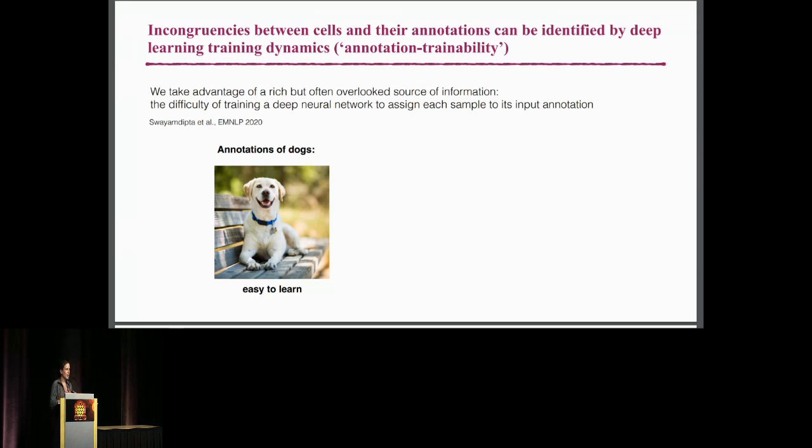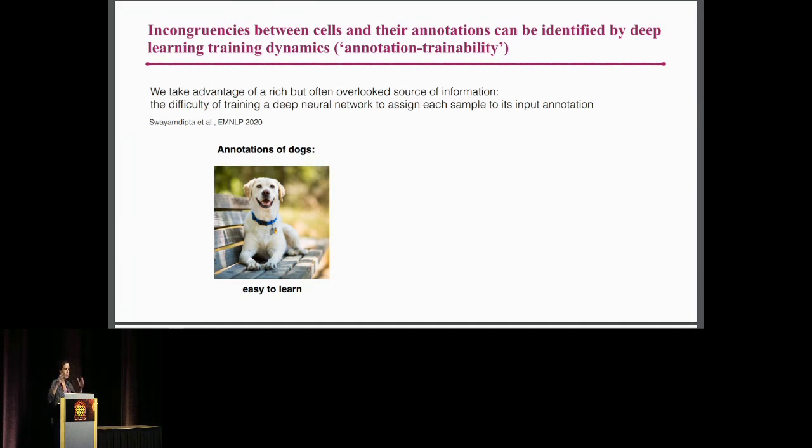Say again that we have this very large data set of dogs and cats, okay? So there would be some images in the data set that the model has a very easy way of knowing that this, for example, is a dog, right?